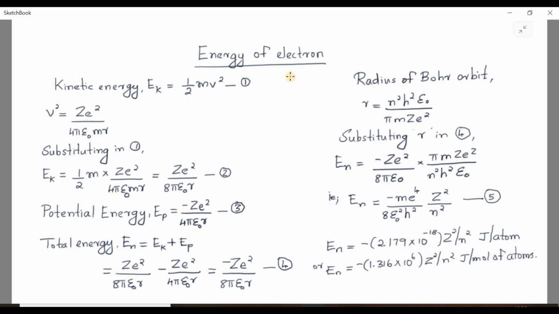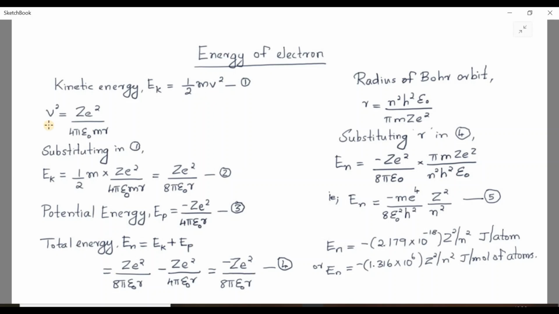The energy of an electron revolving around the nucleus is the sum of its kinetic energy and potential energy. The kinetic energy of the electron is given by Ek is equal to half mv square, the well-known equation.